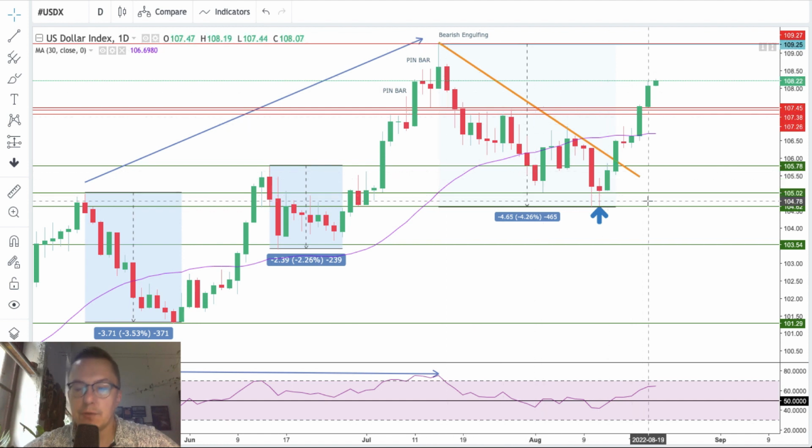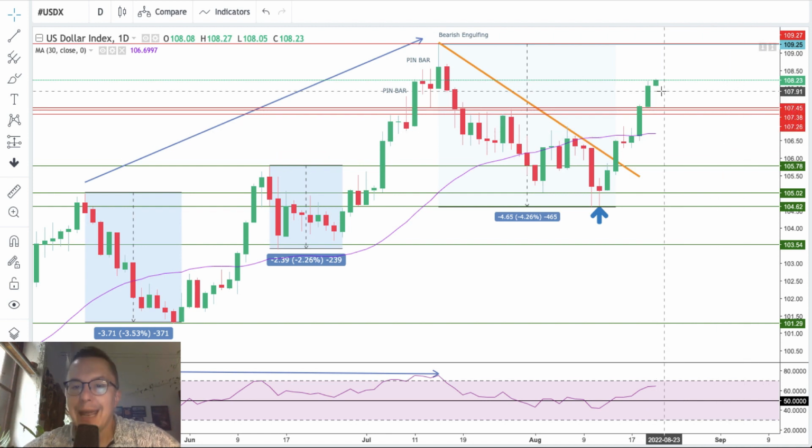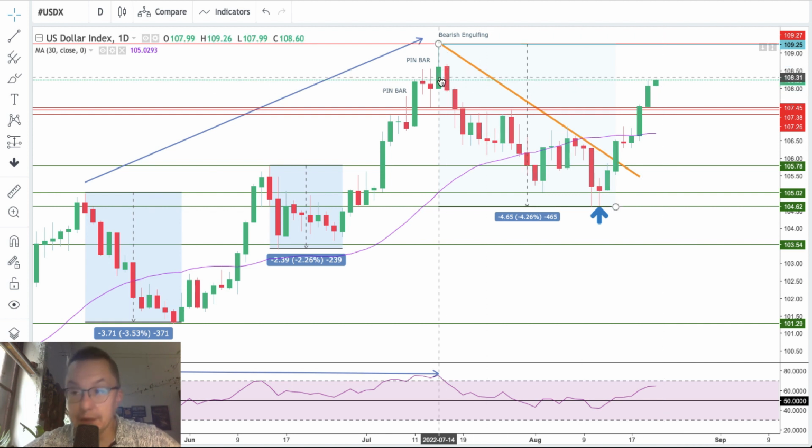Finally, minus 4.26% correction. We have the short-term trend line violated clearly here. 2 days of trading around the 30-day moving average, breakout above the technical resistance at 107.45, and we are heading towards the highs from the 14th, of course, of July 2022.